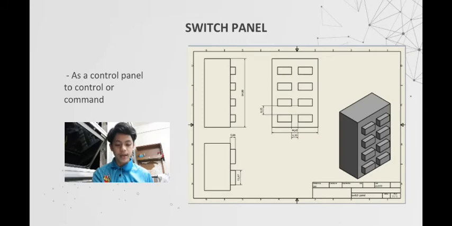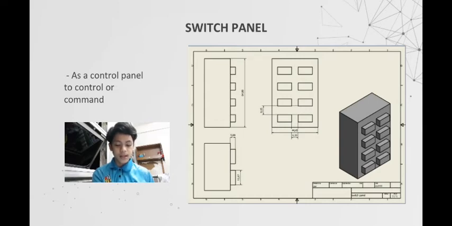Next is switch panel. Switch panel, also known as control panel, is to control or command the washing machine to perform a task. The length is 64.80 mm, the height is 25 mm, and the width is 44.43 mm.